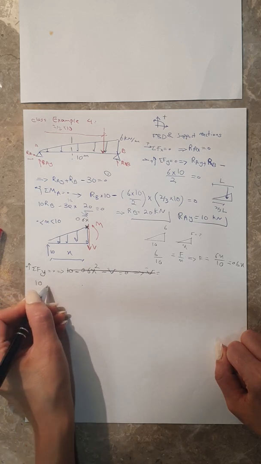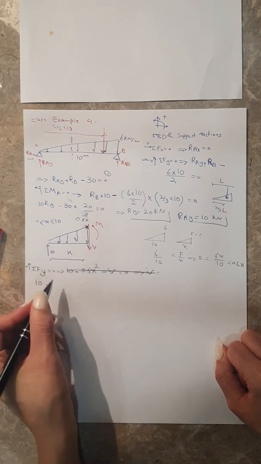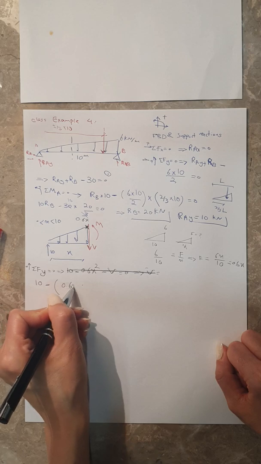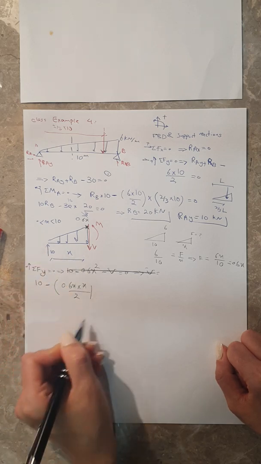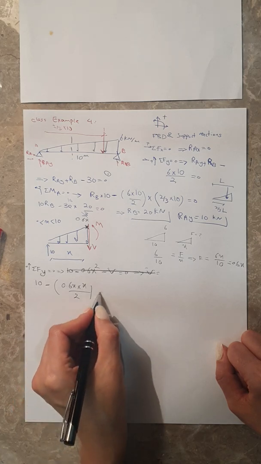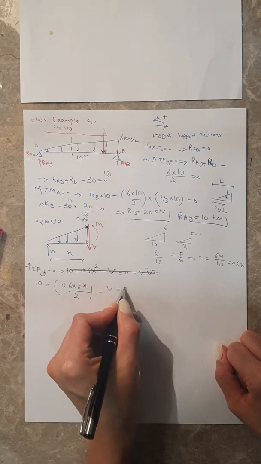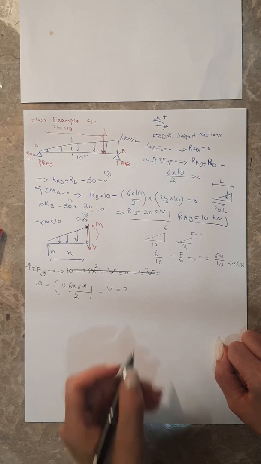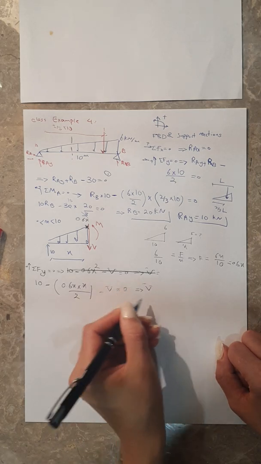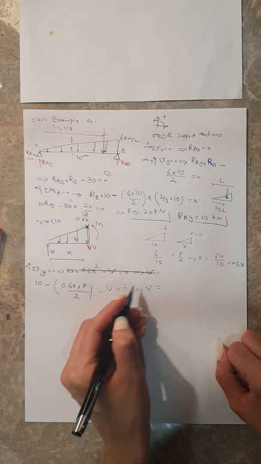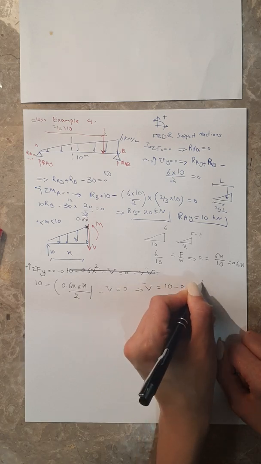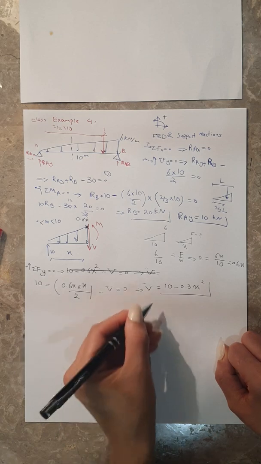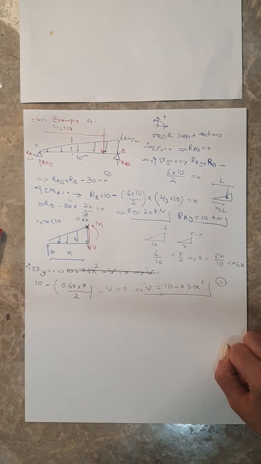It would be 10 minus, what's the value of the force here? It's 0.6x times x divided by 2, minus V would be equal to 0. This means that the shear force would be equal to 10 minus 0.3x squared. This is my first equation.